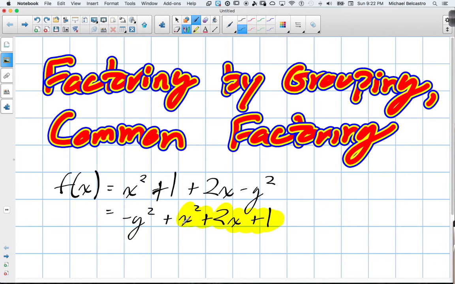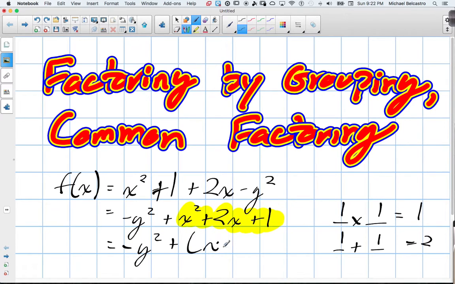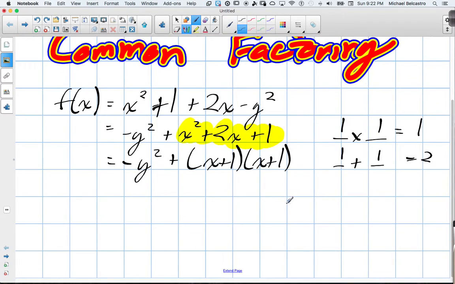If we were to do a product sum, we need 2 numbers that multiply to our c value, or a times c, which is 1, and 2 values that add to the middle term, which is 2. We can do 1 and 1, and that would work. So here's a possibility. You could have this, x plus 1, x plus 1, and yes, in fact, this is going to be the way we're going to do it.